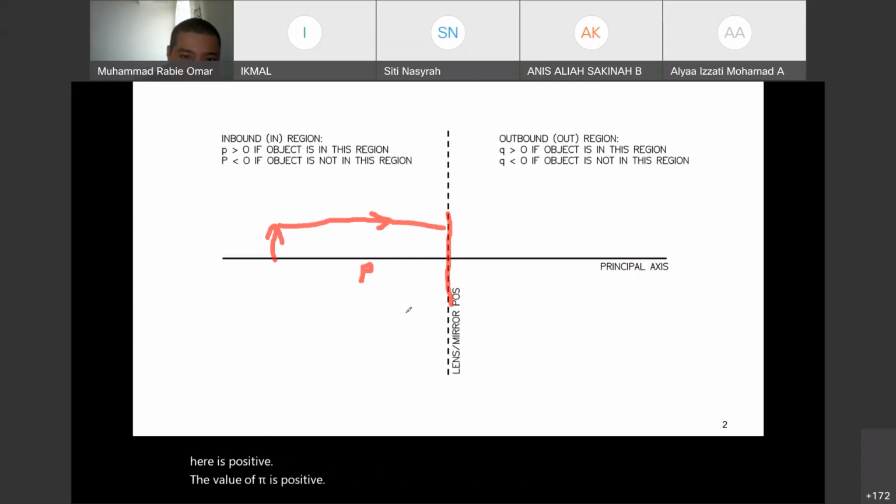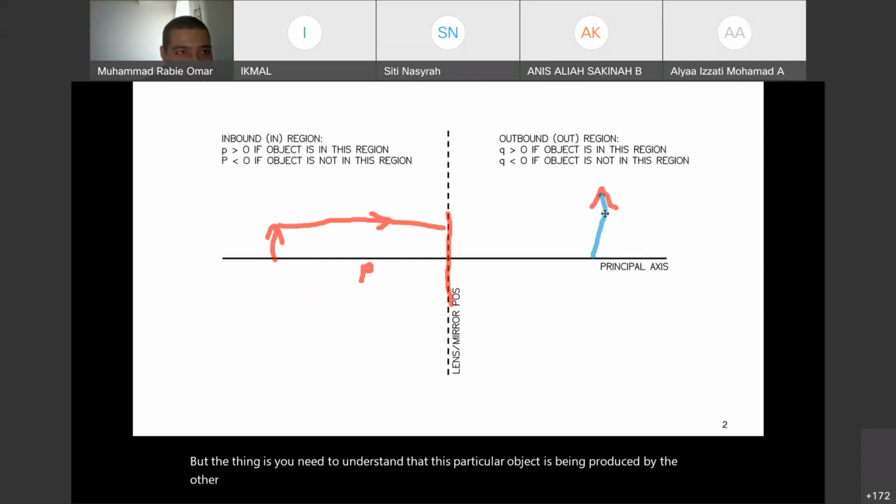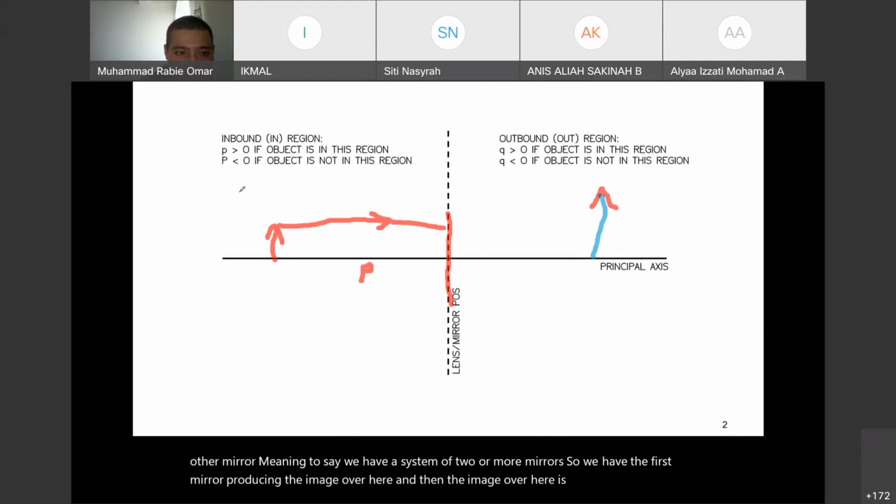And then there are cases where we have our object here, but you need to understand that this particular object is being produced by another mirror, meaning we have a system of two or more mirrors. The first mirror produces the image over here, and then that image is reflected by other mirrors.